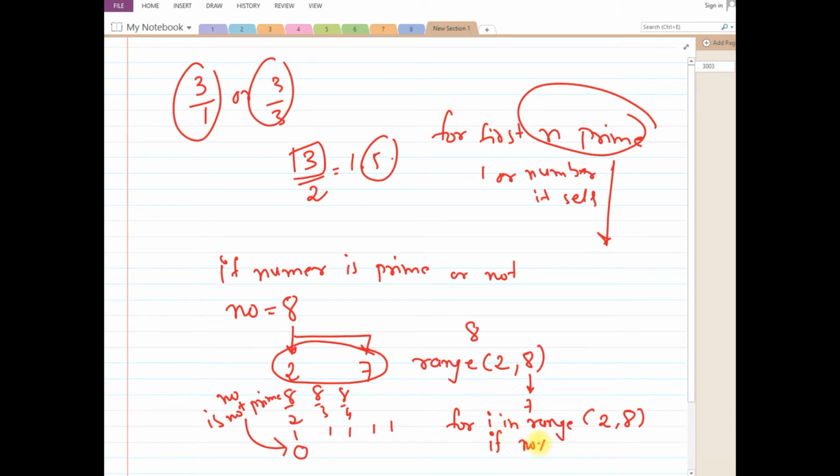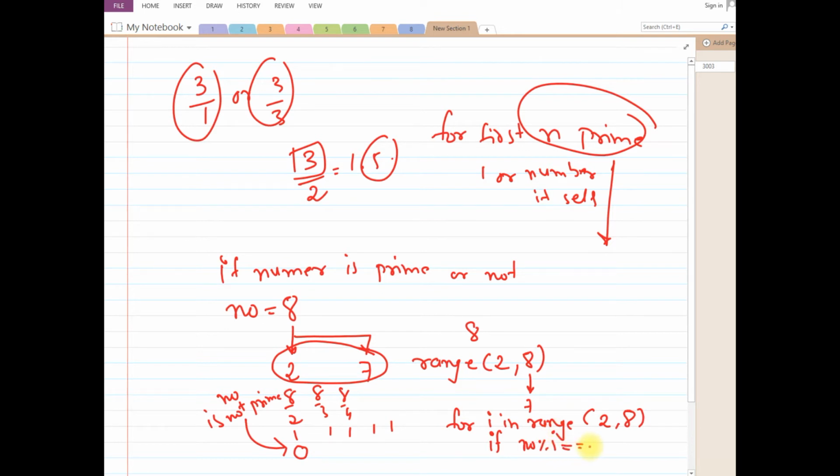I'll check if, sorry, I should not write it like this, if number percentage 2. This is a modulus operator, it will give me the remainder. Number percentage 2, if I want to check this. Number percentage 3, if I want to check this. But here we are having a total range from 2 to 8. So instead of writing 2, I'll write i.